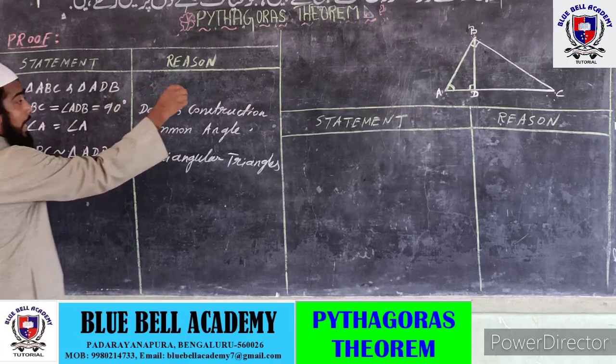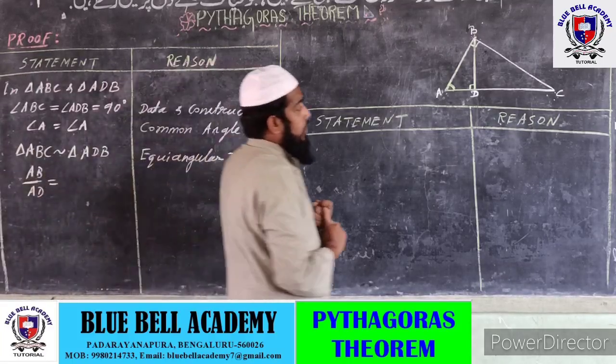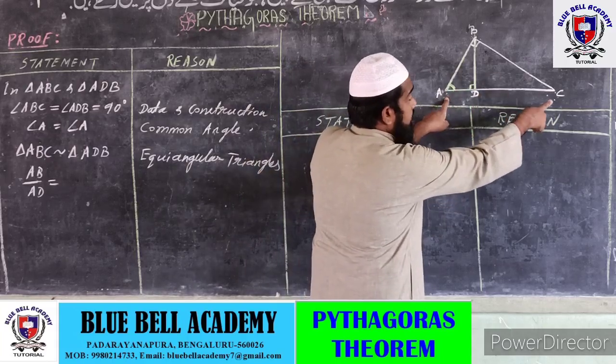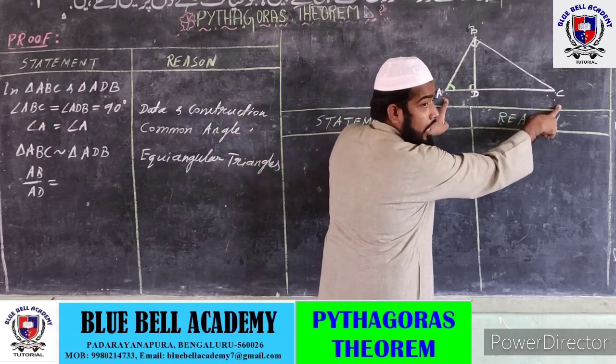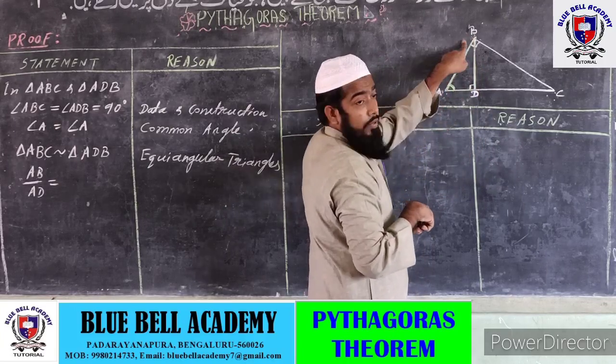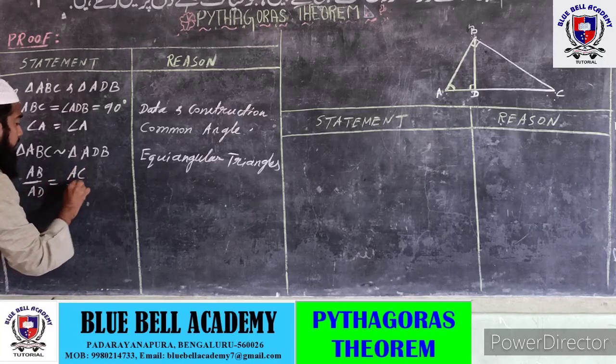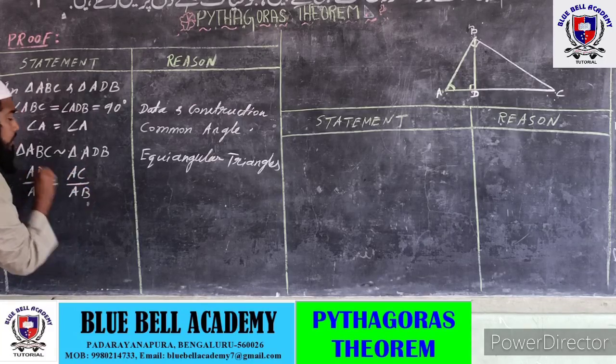So I can take AB by AD is equal to, now I have to take the hypotenuse. In the bigger triangle AC is the hypotenuse. In this triangle, which is the hypotenuse? AB. So I have to take AC by AB. AB by AD is equal to AC by AB.